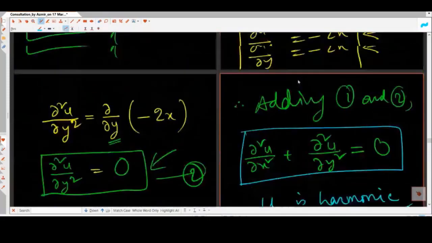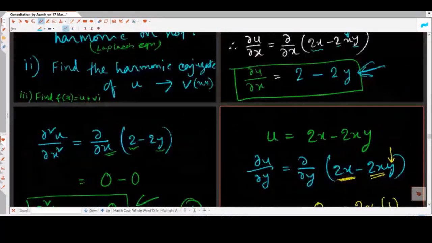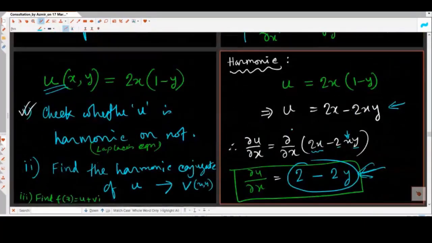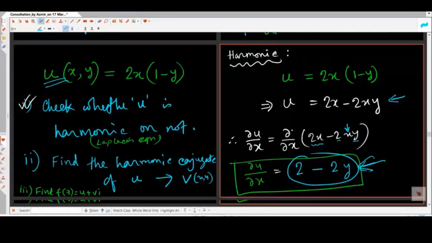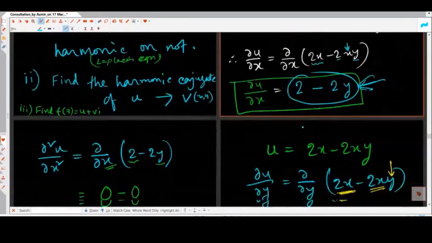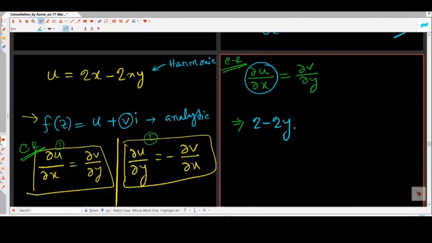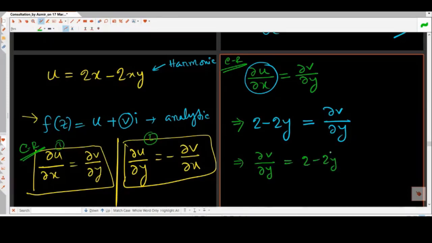Just try to remember that we have already found du dx. So in the first part, we have found du dx equals 2 negative 2y. So let's plug this one here, 2 negative 2y equals, on the right side we have dv dy. So our target is to find v. So we are just rearranging: dv dy equals 2 negative 2y.